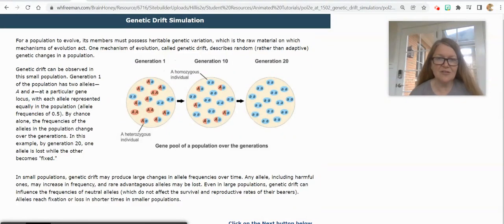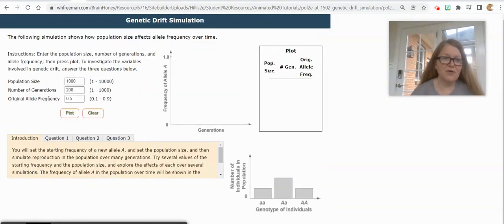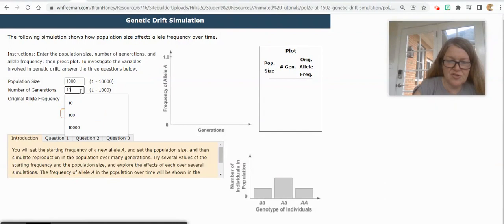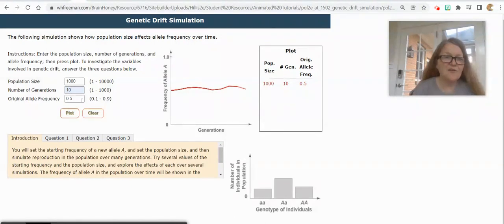So let's look at this scenario here. You have a population size of 1,000, and we're just going to go to 10 generations here to see the change in the graph. When you have a population size of about 1,000 over 10 generations, you can see that the allele frequency is going to remain relatively the same.